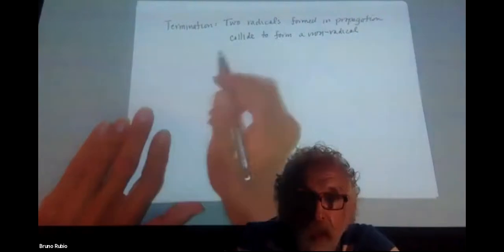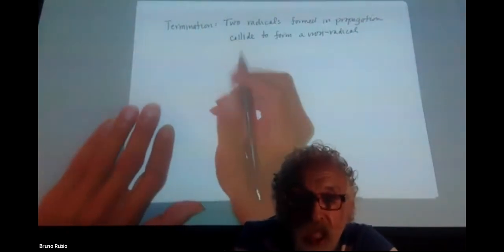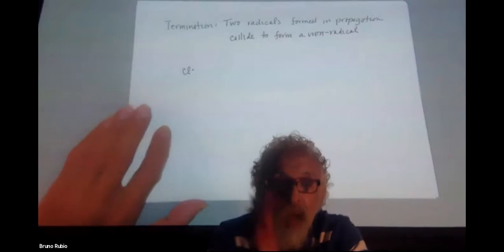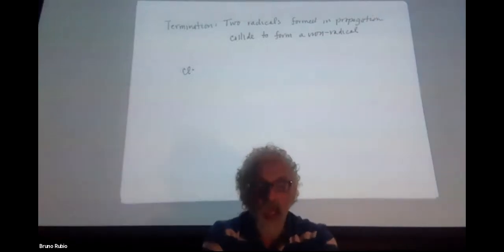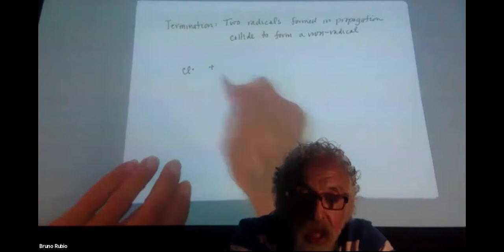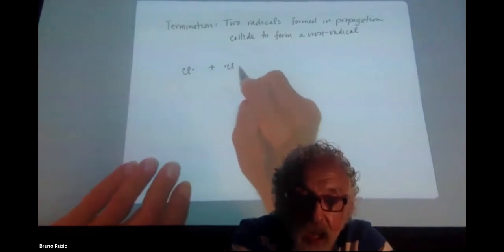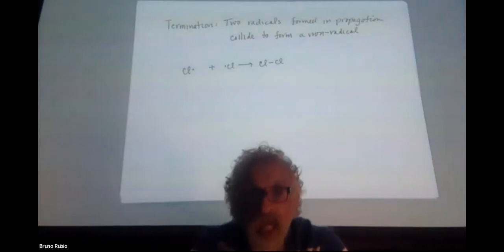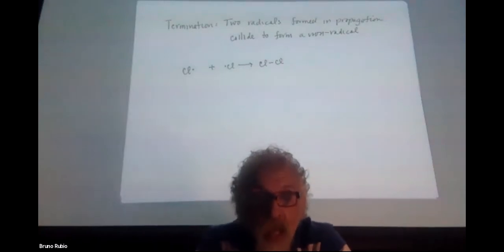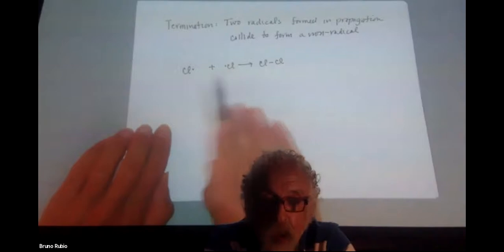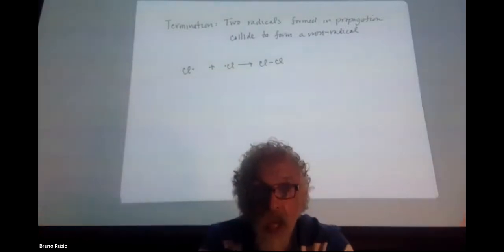So if we look back at the propagation steps, we saw that Cl dot is involved in propagation. A Cl dot could collide with another Cl dot to make Cl2. That's a termination step, in that the chlorine radical wants to complete its octet. Both of them do. They're going to do that by combining.